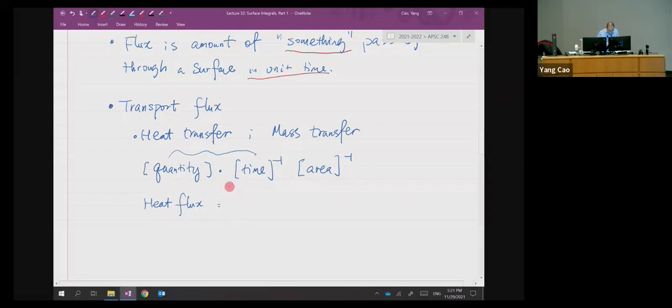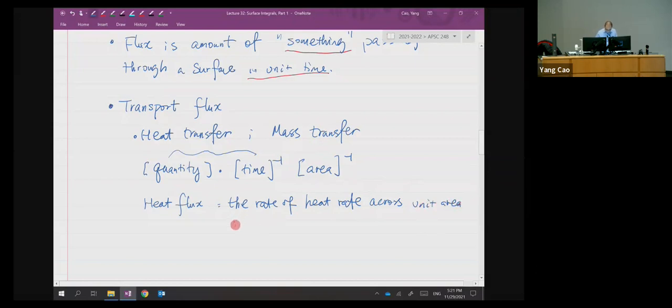So you get essentially the rate of heat flow, purely based on the first two units. And the last unit is per unit area, divided by area. So you get the rate of heat flow across a unit area.